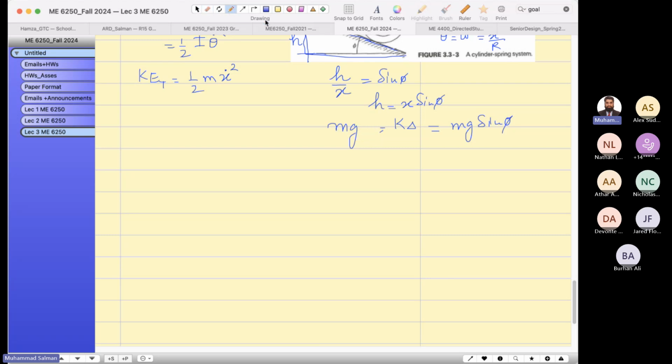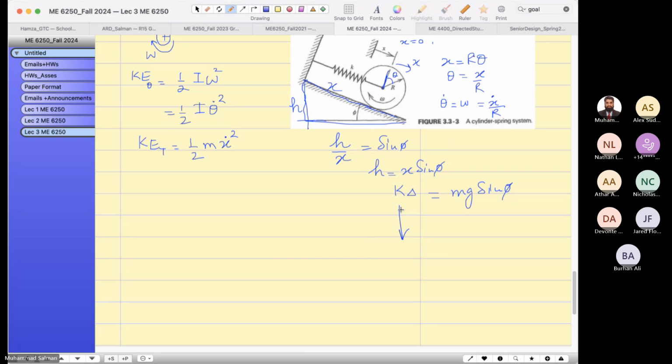This is for equilibrium. I will say k delta equals mg sine phi, when it is released from this position, so that is static equilibrium. That's what it is.